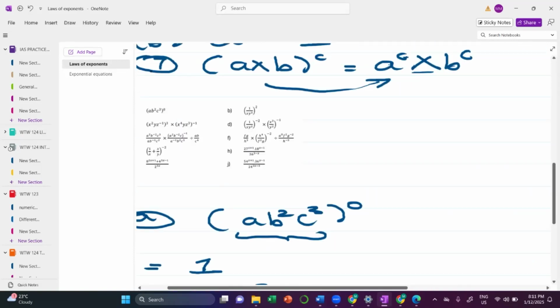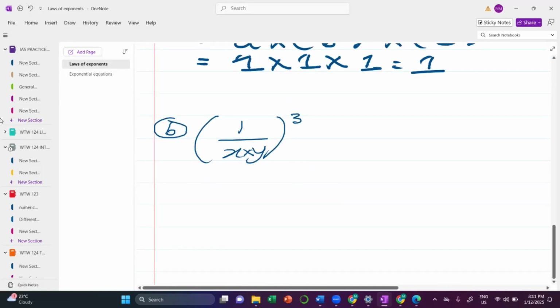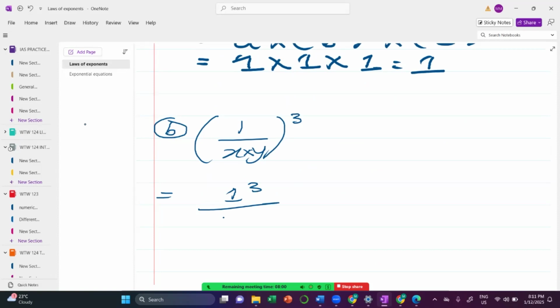So this is just equal to 1 to the exponent of 3, all over x times y, all to the exponent of 3. And what do we know? 1 to the exponent of 3 is just 1.